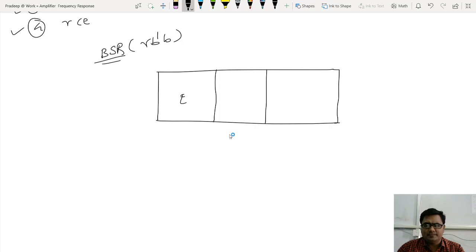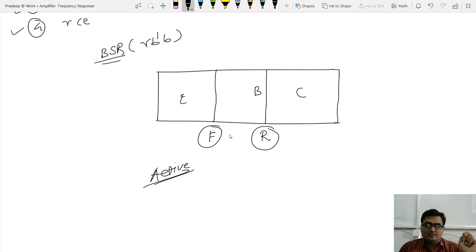Now for me it is a base, and this is collector. This junction is reverse bias. This junction is forward bias because the transistor is in active region. So transistor is in active region, one junction is forward bias, another junction is reverse bias. So when this junction is reverse bias, its depletion width is high. Obviously the width of depletion region is high.